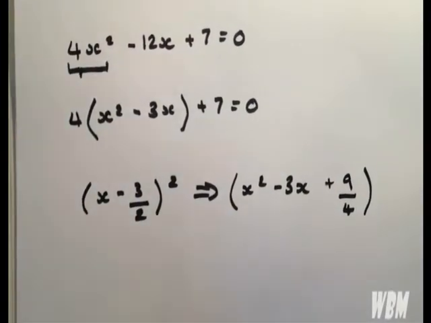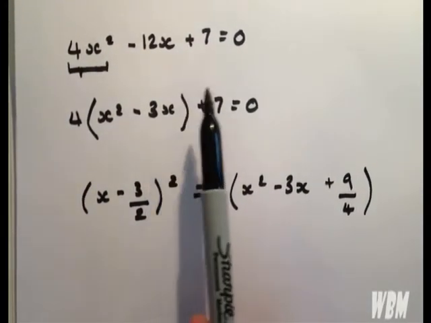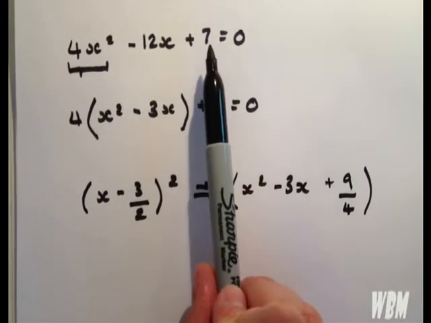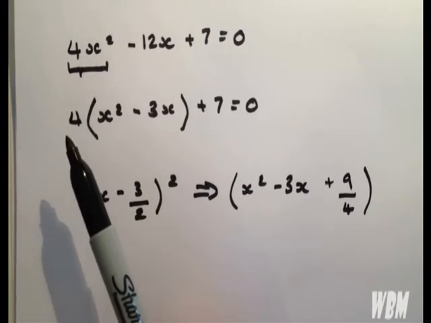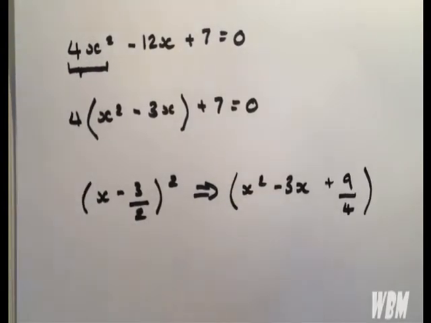Now before we start adding it in and saying, oh, we're going to have to remove minus 9 over 4, consider that there's still a 4 that we have to multiply through this bracket. So if we rewrite this, we have 4 times the bracket.